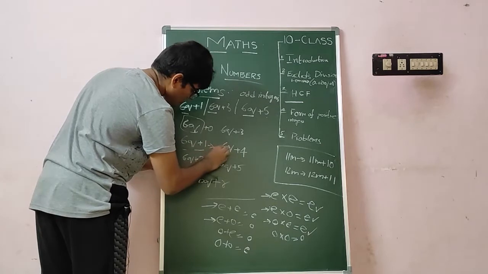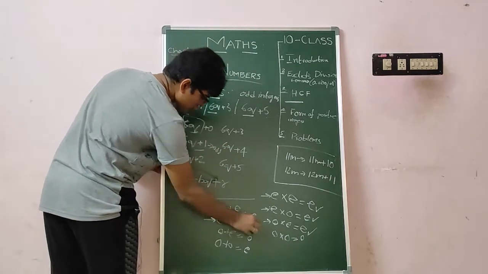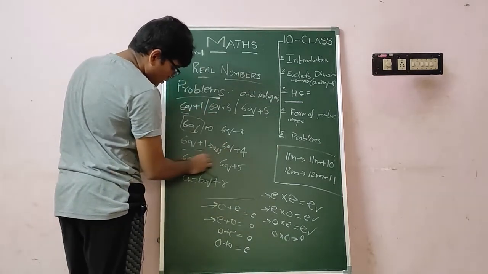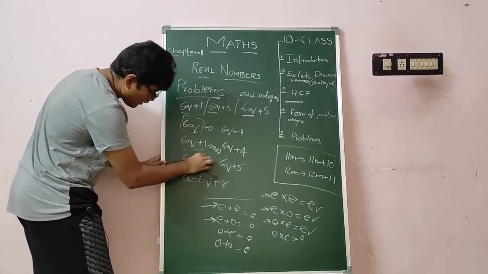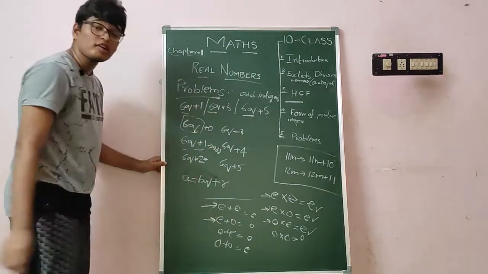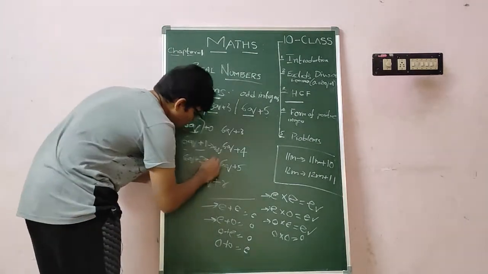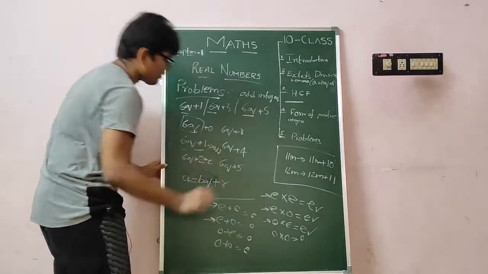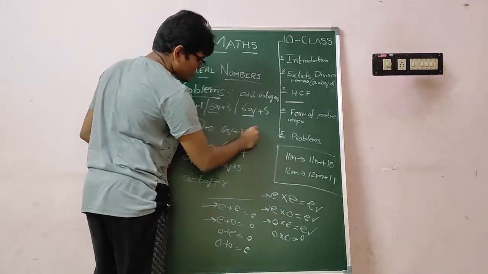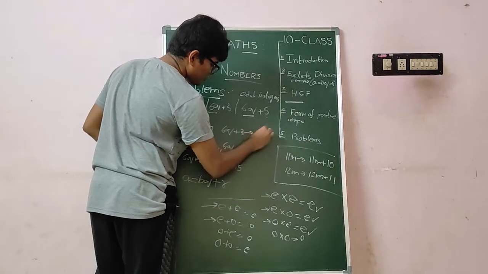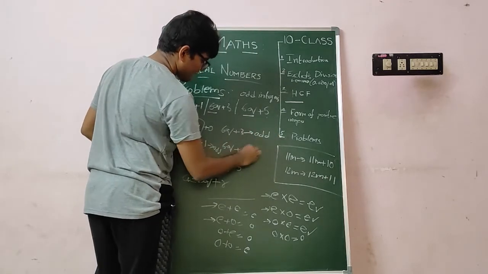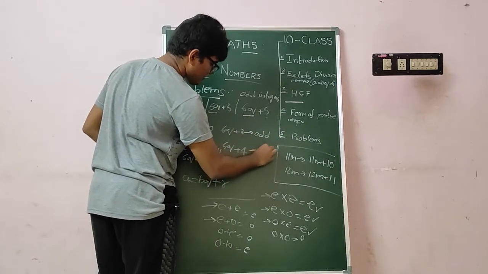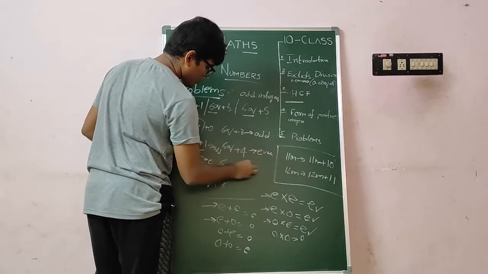Yes or no? Yes, even plus odd is odd. And 6q is already even, we know before, and 2 is even. So 6q plus 2 will be even, and 6q is even, 3 is odd, so this will be odd. This is even plus even, even plus odd is odd.